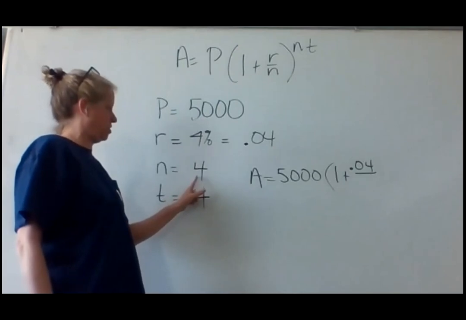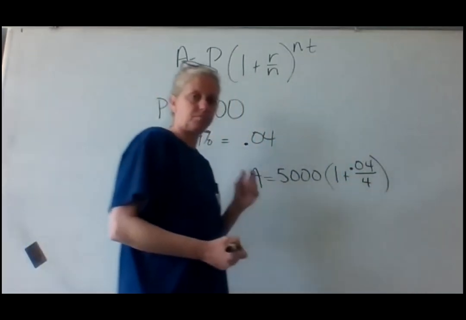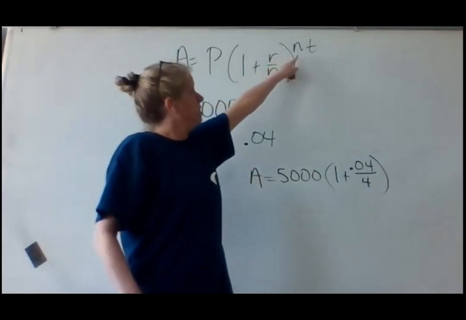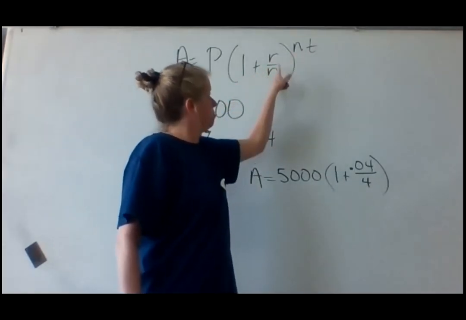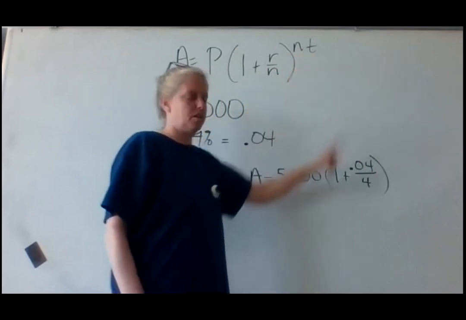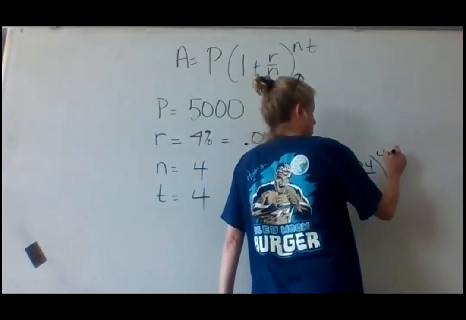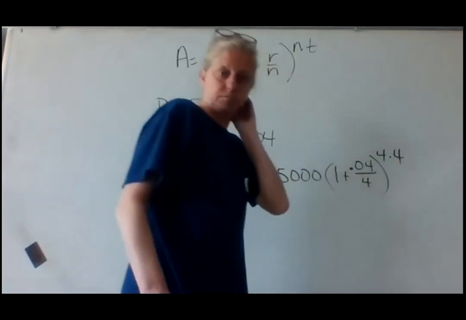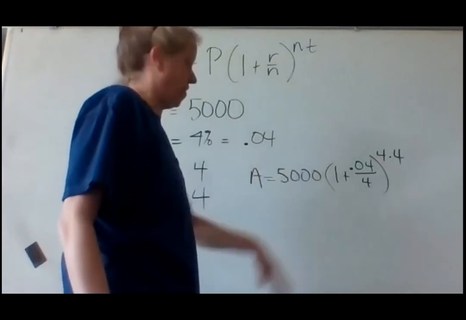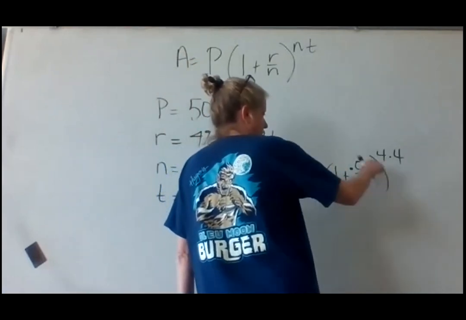How often is it compounded? 4 times a year. The exponent is that same number again, so 4 times the years. So 4 times 4. If I figure out what all this is, that's going to give me my answer. Let's figure out what's in here first.